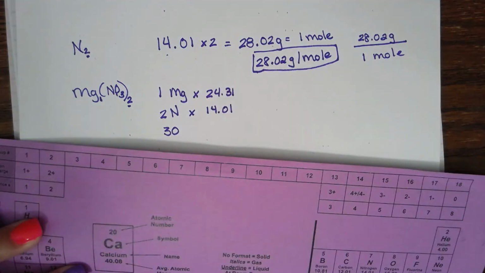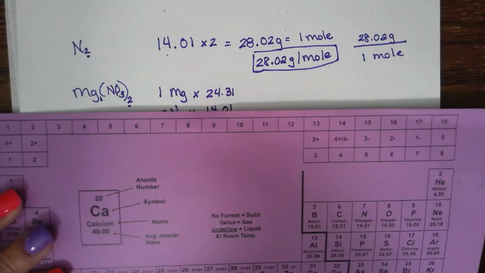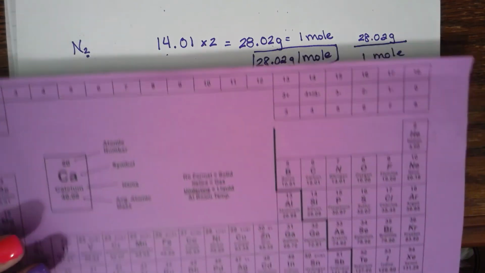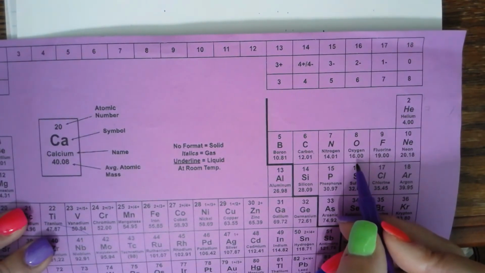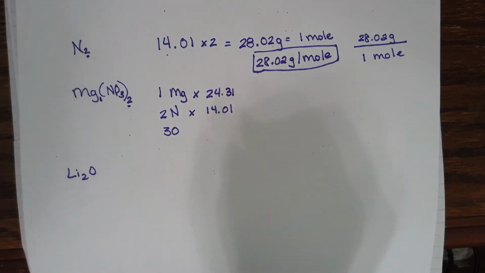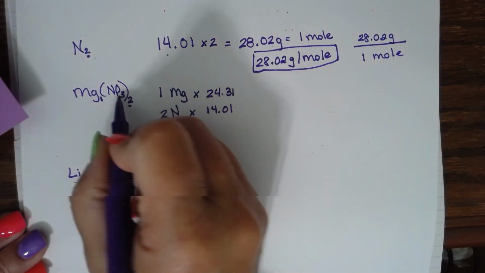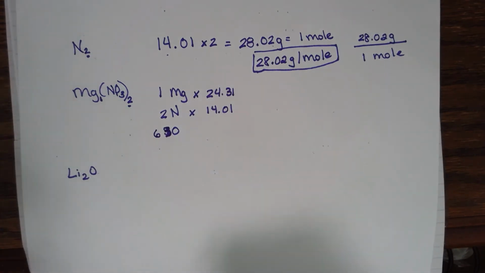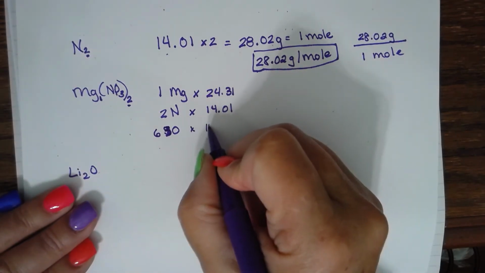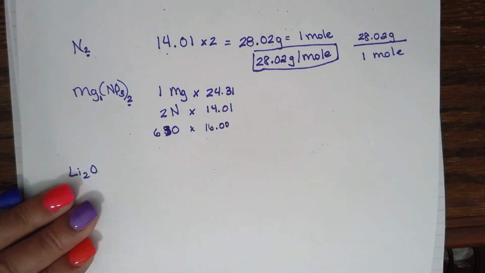But we've got to times that by 2 because we've got 2 nitrogens. And then finally, the oxygen has a molar mass of 16. And why did I write down 3? It should be 2 times 3 is 6. So we've got 6 oxygen times 16 grams per mole.